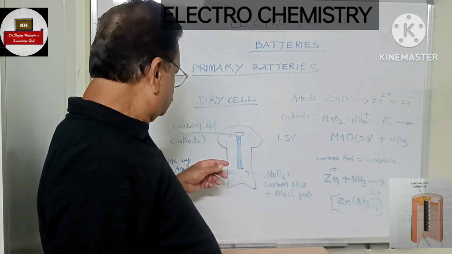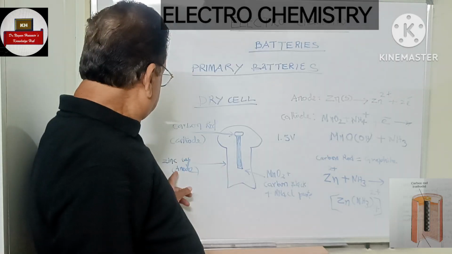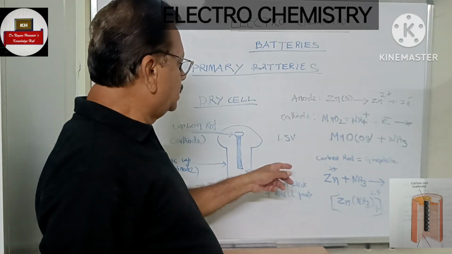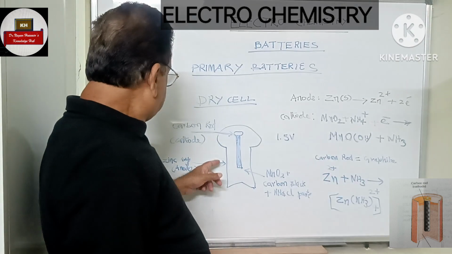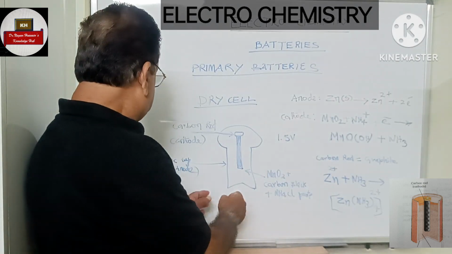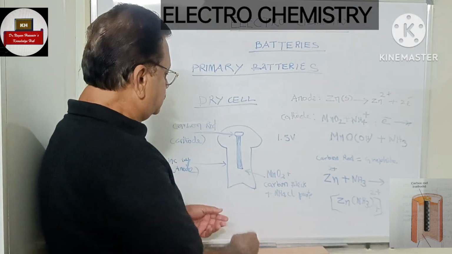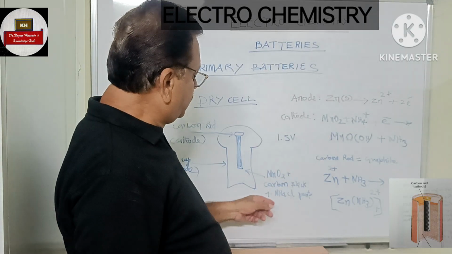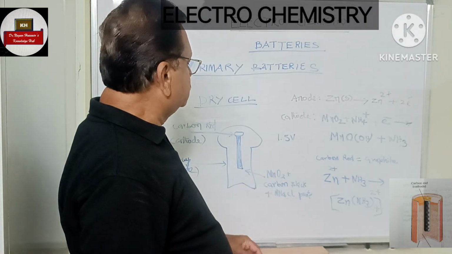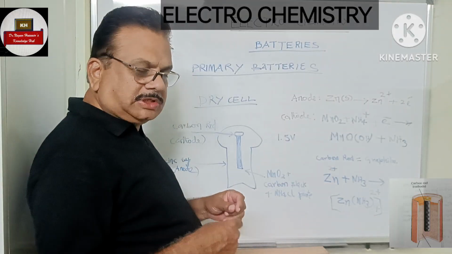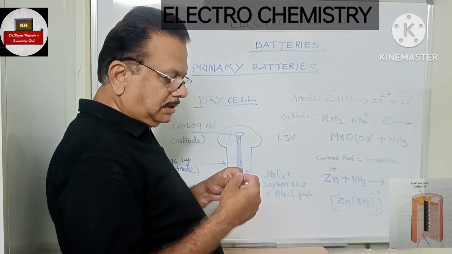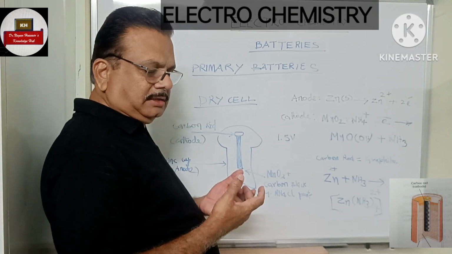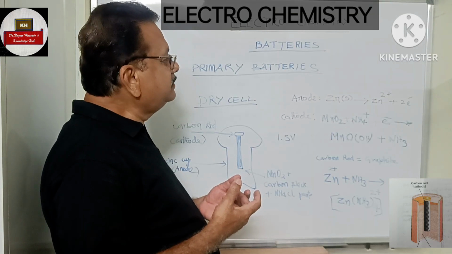In this type, the cathode is a carbon rod or made of graphite, and the anode is the cup made of zinc, and in between they fill manganese dioxide, carbon black and ammonium chloride paste. Once you start using it, the reaction takes place and the current is liberated due to this redox reaction.